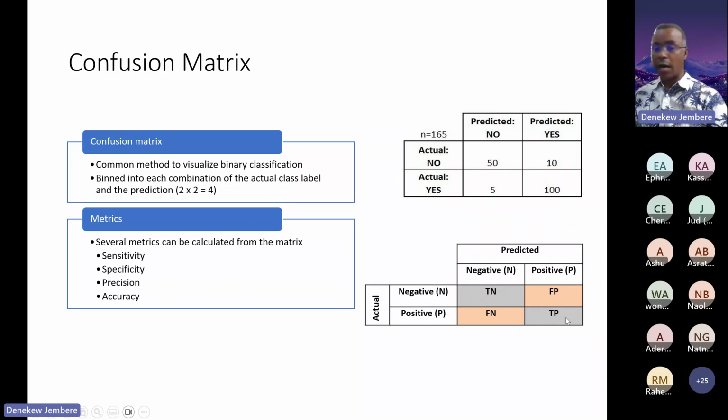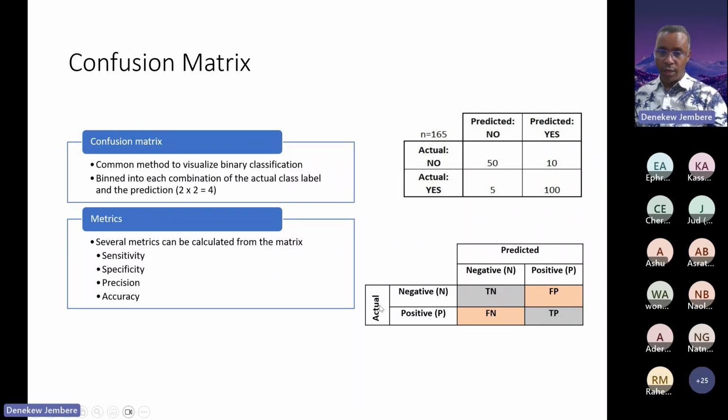And some algorithms flip it, like the actual on the top and the predicted on the horizontal. The actual could be represented vertically and the predicted horizontally. So this actual and predicted can possibly swap.